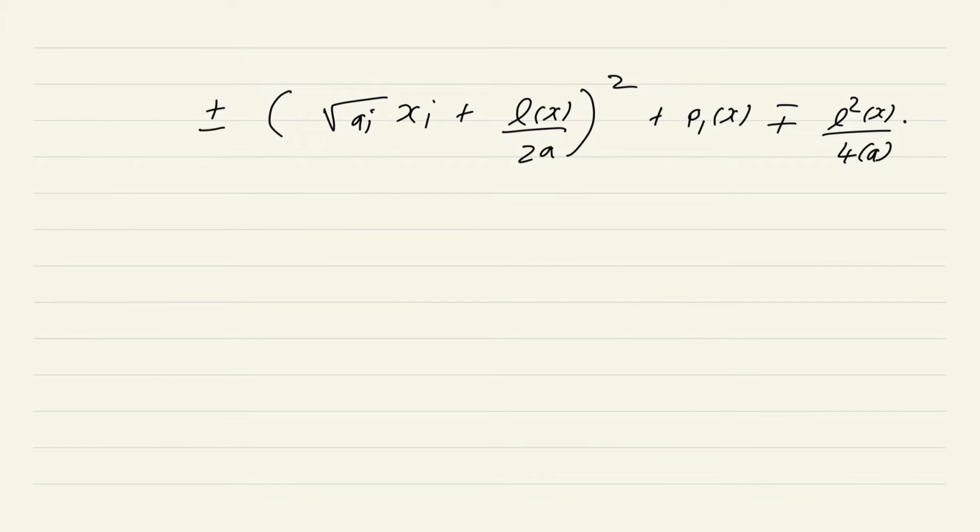So what are the terms that remain? Well, it's just terms that involve no xi, that is q1x, and L squared x by 4a also does not involve any of the terms xi, right? Because we had already gotten rid of the xi by taking it out. Whatever was left was this L of x.